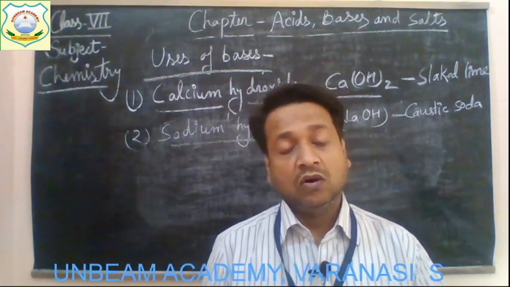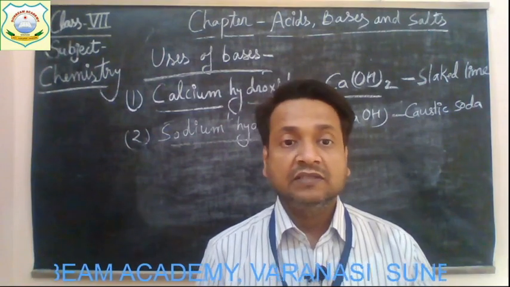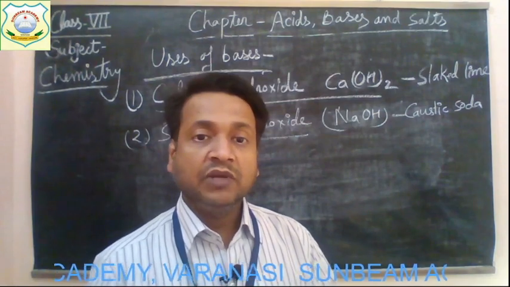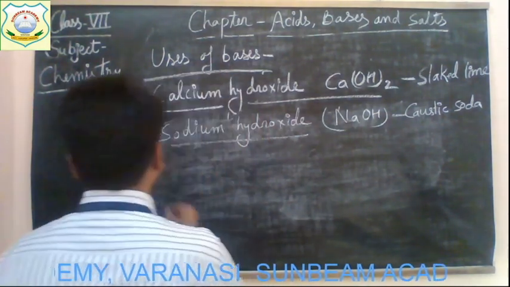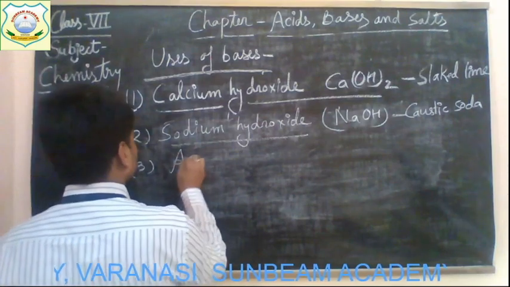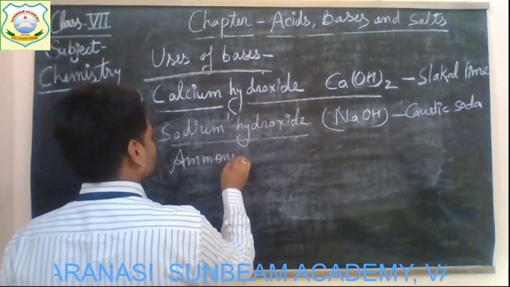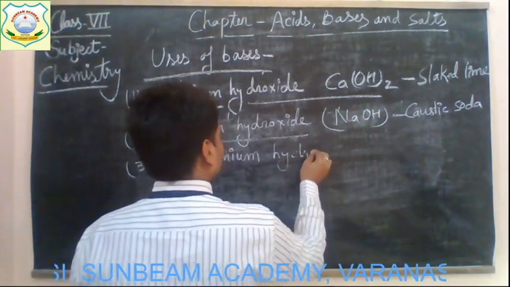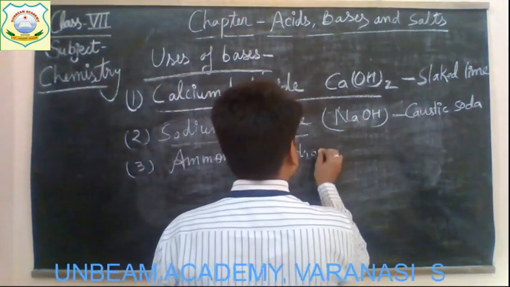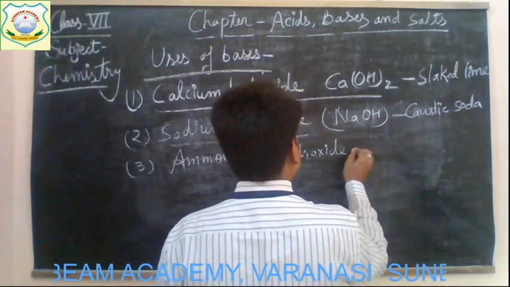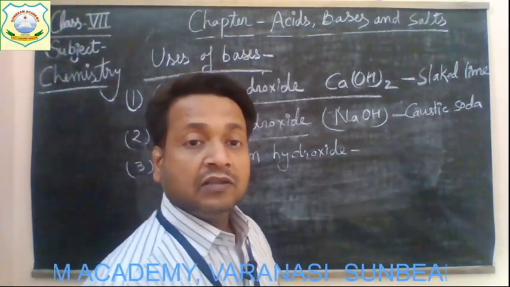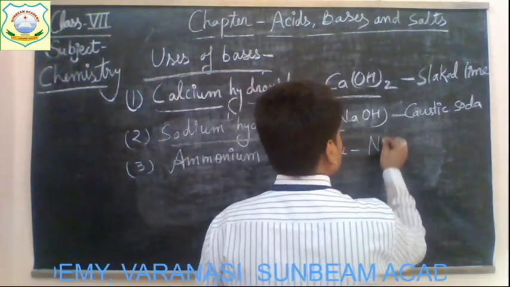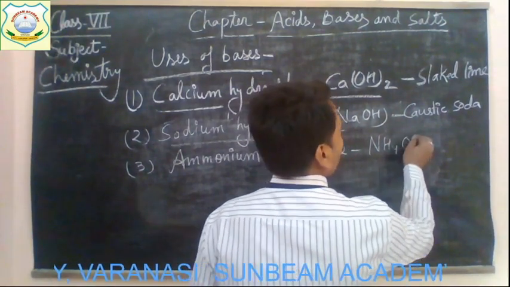Okay, children. Now come to the next base, that is ammonium hydroxide. So we will discuss the uses of ammonium hydroxide. The formula of ammonium hydroxide is NH4OH.